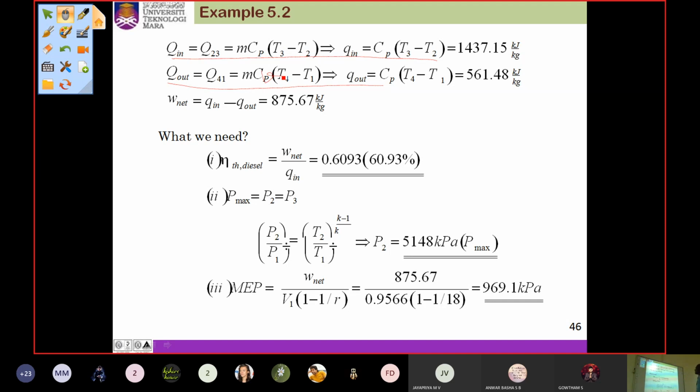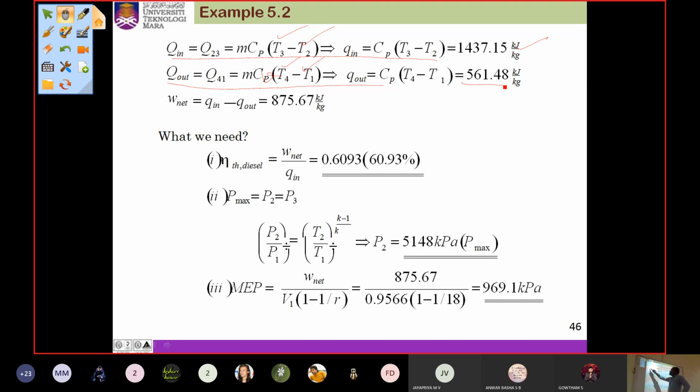So if we substitute the formula, we know the values: T3 we found, T2 we found, T4 we found, T1 they gave. So if you substitute, then we get Qin as 1437.15 kJ per kilogram. Then we found Qout as 561 kJ per kilogram.